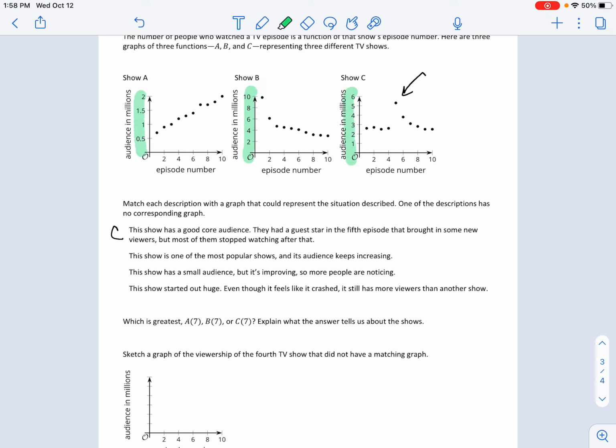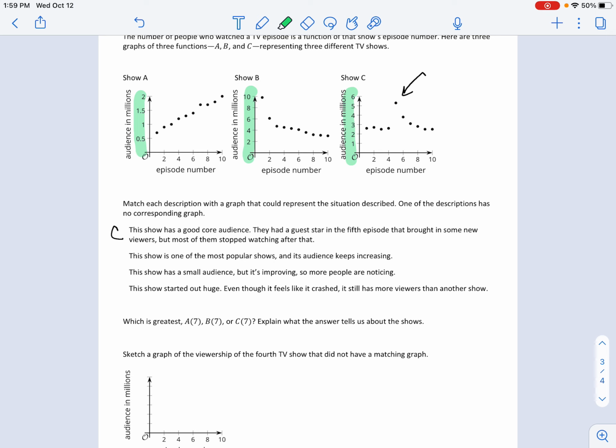And if you think about what it says, this is one of the most popular shows, the scale for A starts with the smallest number and has the smallest increment. So really, that isn't a huge audience in millions compared to show B and show C. So I don't know that this description really applies to any of the shows that are up there. So let's go to the next one.